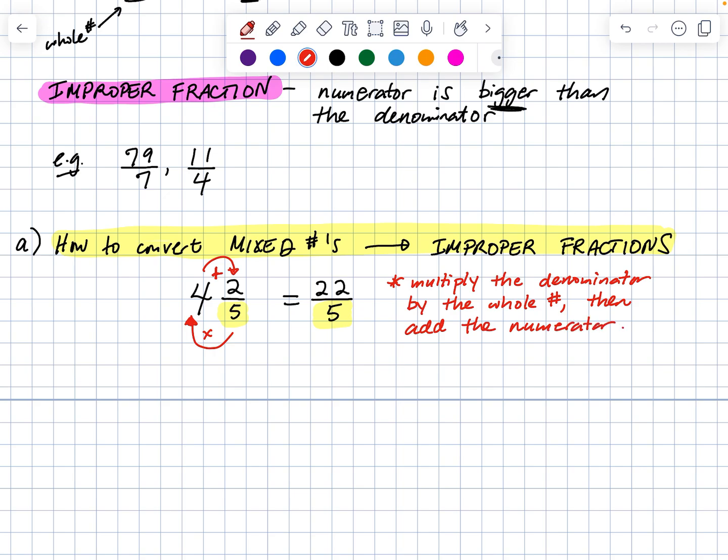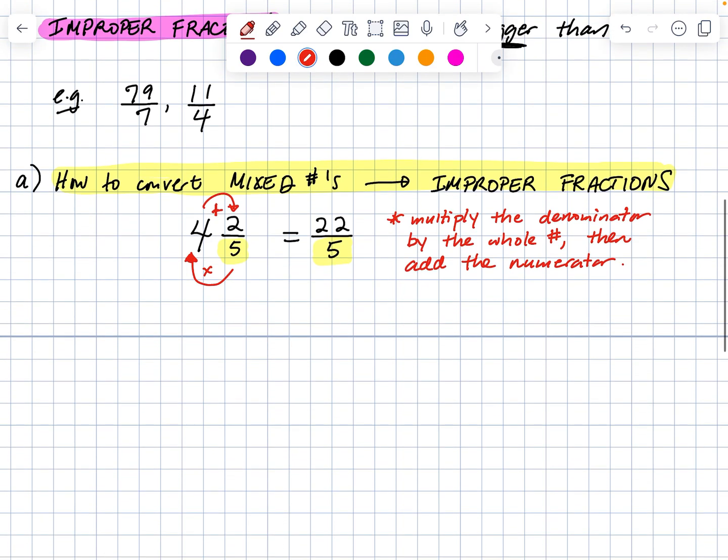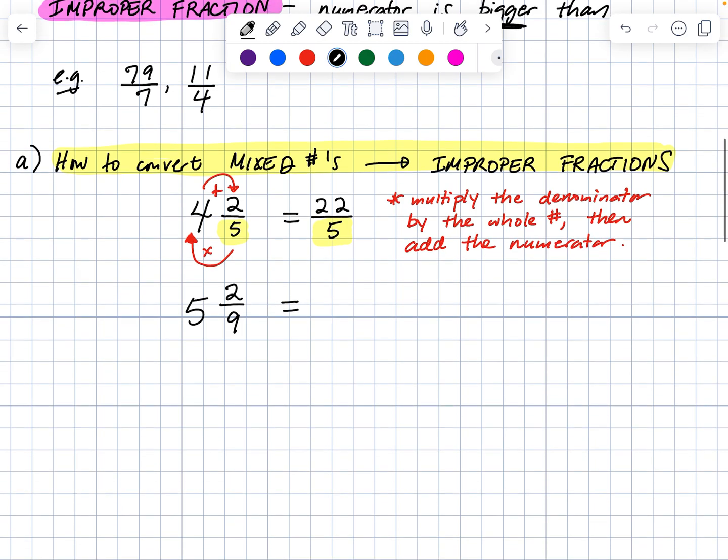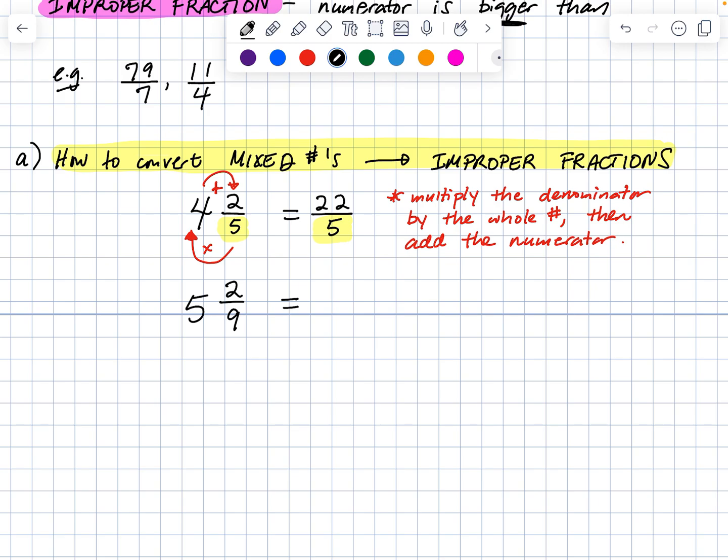Okay, I'd like you to do an example on your own here. Say you have 5 and 2/9. So what I'd like you to do is convert 5 and 2/9 into an improper fraction. So pause the video and see if you can do this on your own right now. Okay, otherwise I'm going to continue.